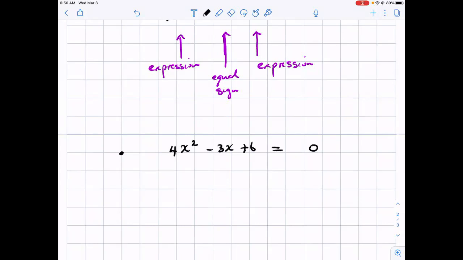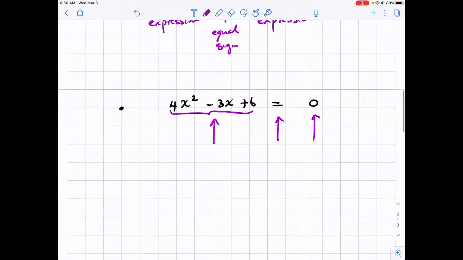So in this example here, everything here is my expression. Here is my equal sign, and here is an expression.